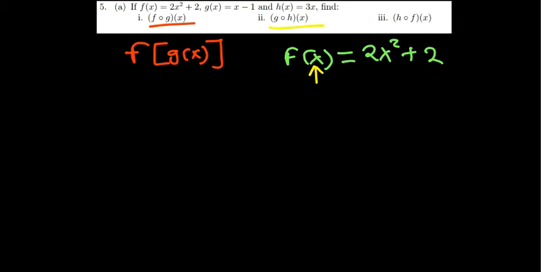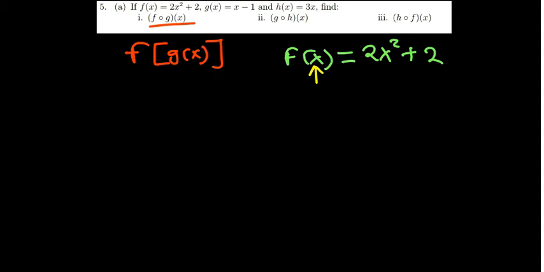If you have a function, for example f of x equal to 2x squared plus 2, it's like where there's x now, you are putting g of x. That's the meaning. In a case where you start with g of x, it means the function you're considering is the one that is starting with g of x.